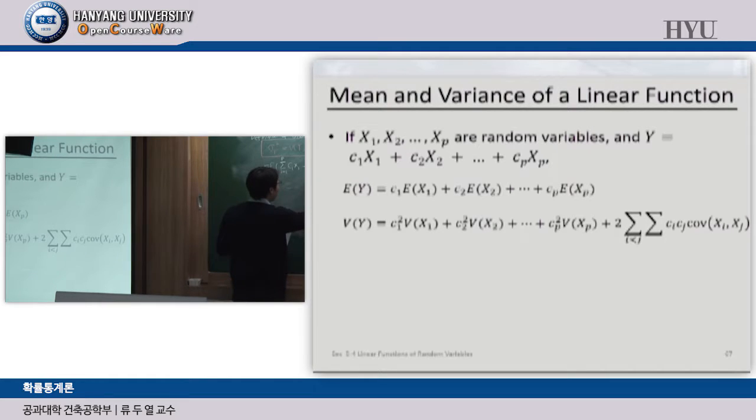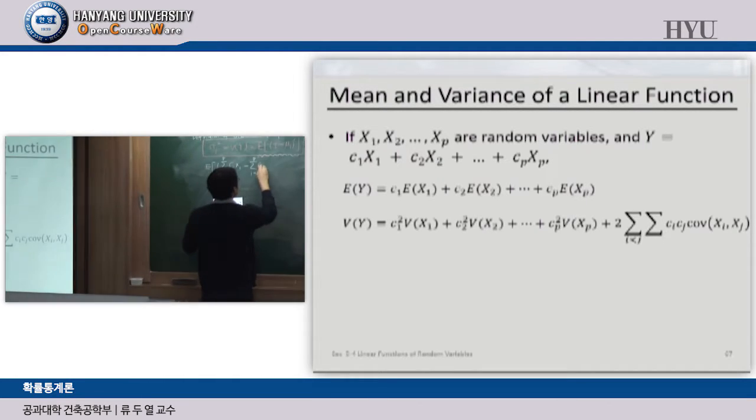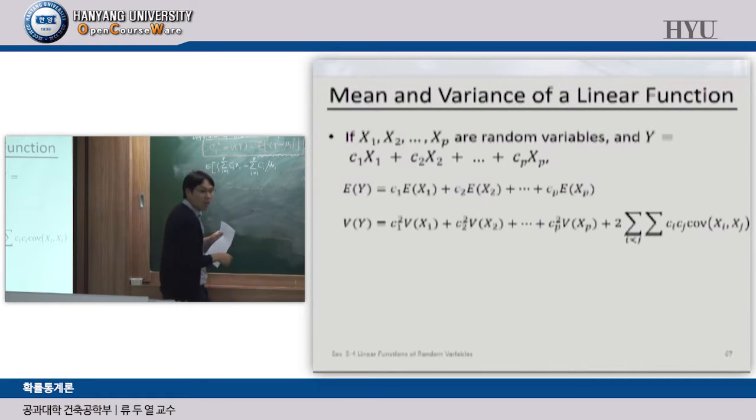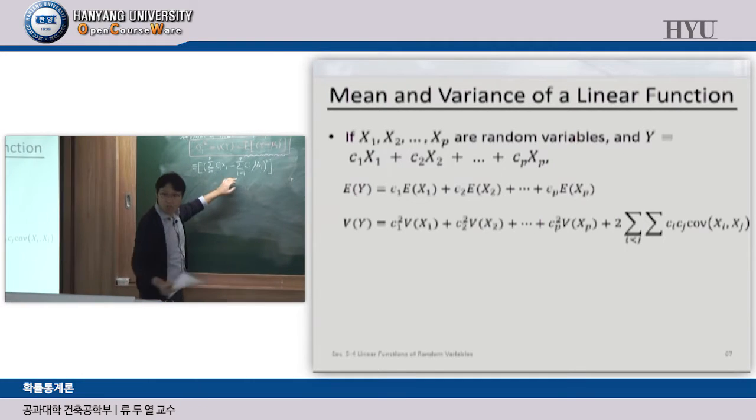That is also the summation of i from 1 to p of Ci mu Xi. Why? Because the mean of Y is equal to C1 E[X1] plus C2 E[X2] up to Cp E[Xp], which means it is the summation of i from 1 to p of Ci by the mean of Xi, that is mu Xi. And that is squared.